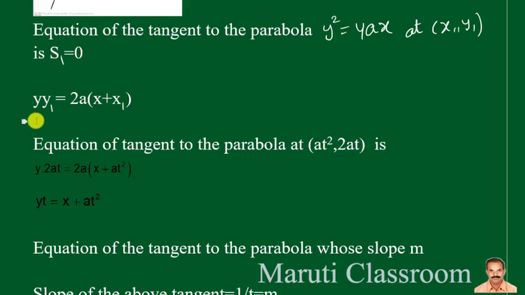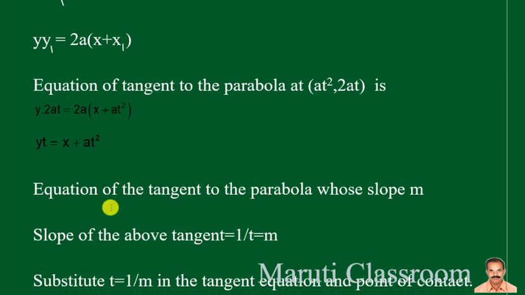Then it becomes y into 2at equal to 2a (x plus at square). On both sides, 2a cancels. Then we get yt equal to x plus at square. This is the tangent to the parabola y square equal to 4ax at (at square, 2at). That's why (at square, 2at) is the point of contact of the tangent yt equal to x plus at square.